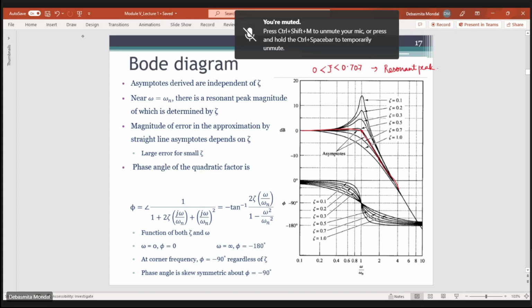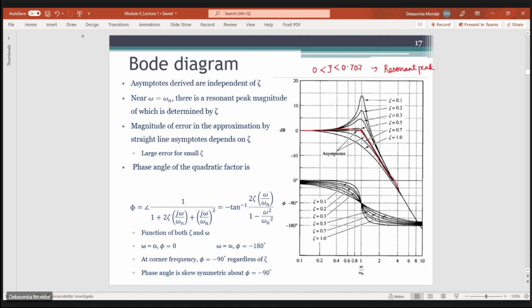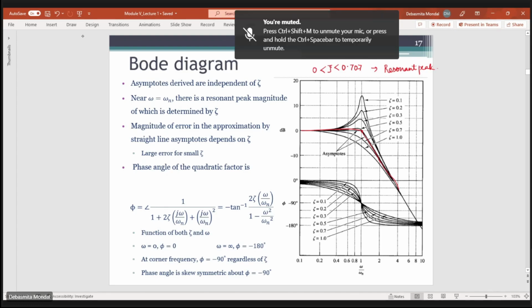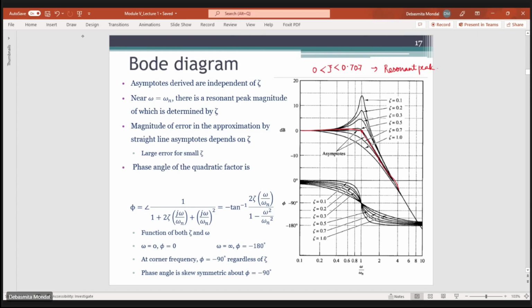When omega is equal to 0, phi is obviously 0, and when omega equals infinity, phi is minus 180 degrees. So the phase plot will start from 0 degrees, and at the corner frequency, that is at omega equals omega n, the value of phi will be minus 90 degrees, regardless of the value of zeta.